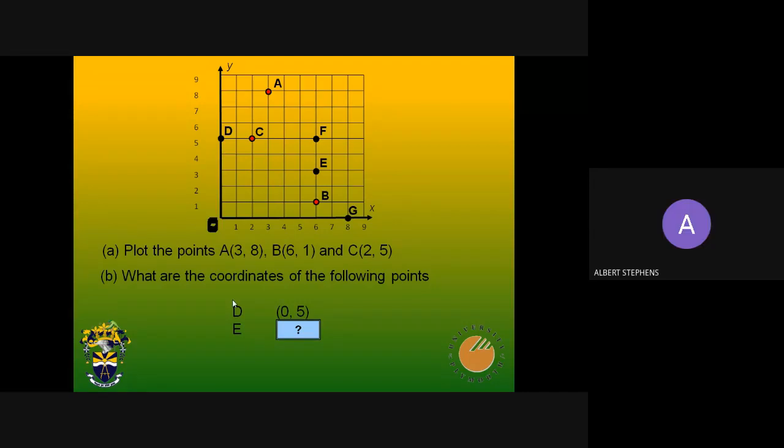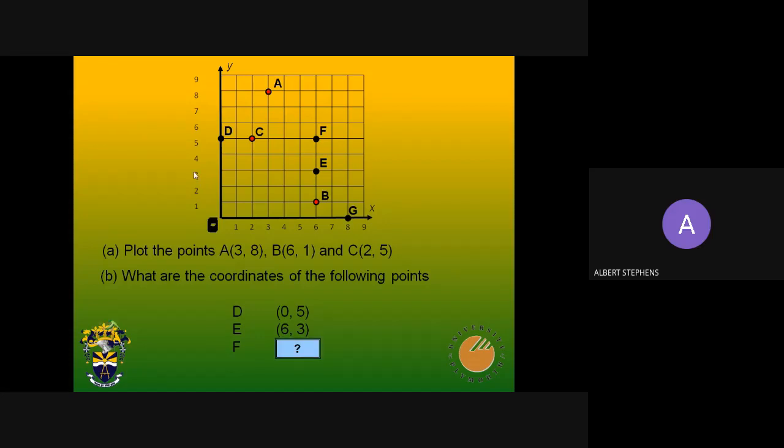No, remember it's the X first here. So it's (6, 3). Yeah, that's a common error here, to mix up the X and the Y value.